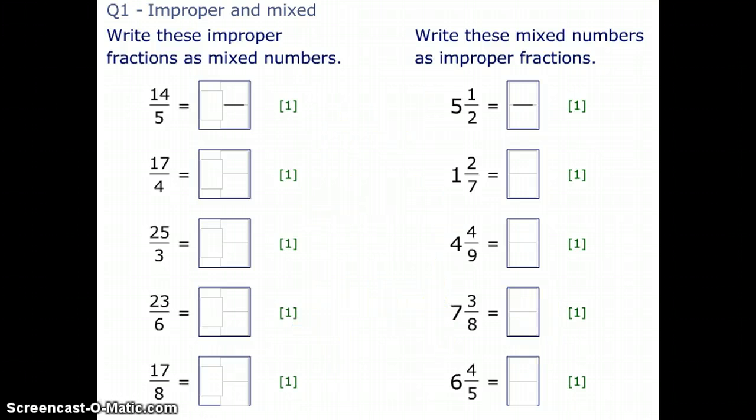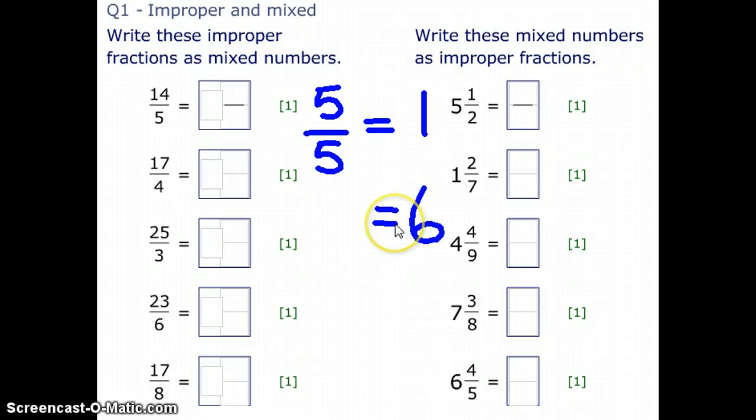Last one. So I have 6 wholes and 4 fifths. So how many fifths make a whole? 5 fifths make 1 whole. I need 6 wholes. So 6 times by 5 is 30. 30 fifths are 6 wholes.